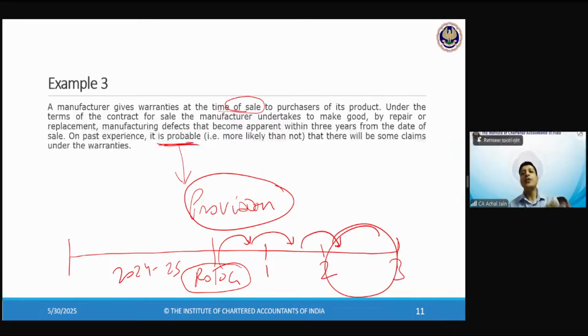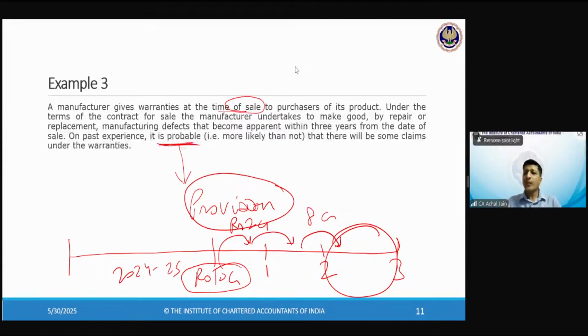Now, as a company, you will do the assessment of what is the amount of provision you are going to incur in the next year. Let's suppose the company says 2 crore. So this 2 crore will be short term. The remaining 8 crore will be long term. So that's how you'll have to do this. So the current and non-current criteria will remain the same. That is not going to change.